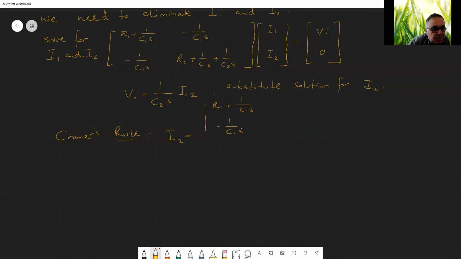We replace this by VI and 0, divided by the determinant of this whole thing.